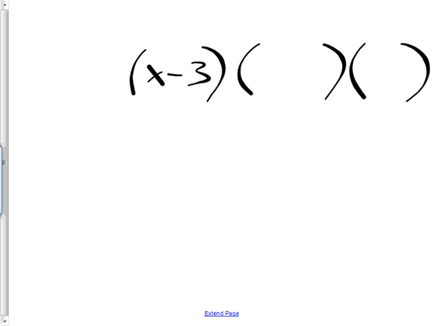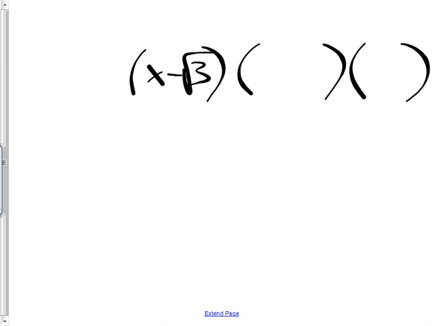Yes? It's a good question. How could you get the root to be square root of 3? If I wanted the root to be 3, I'd do this. If I want the root to be square root of 3, don't way overthink this.